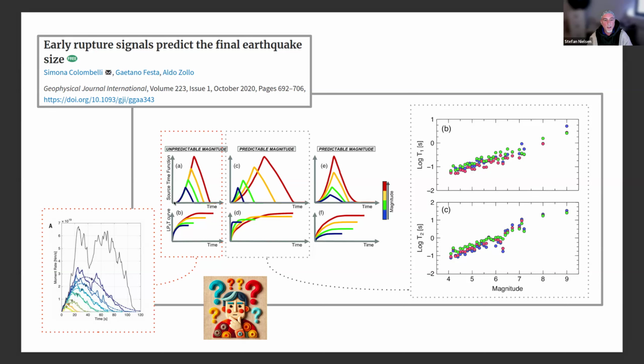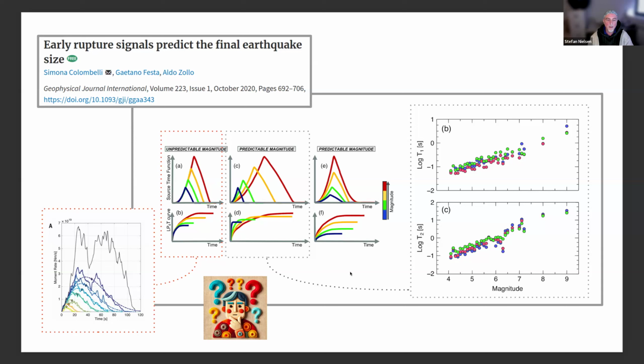The first one is they all start the same, and they just grow bigger and then stop, and this is very similar to what Meyer et al. claimed in their findings. Or it can start faster for smaller earthquakes, and then if you observe the initial seconds of the seismogram, you may be able to predict how far it's going to go. Or it may start slower for smaller rupture, and this case would also be predictive.